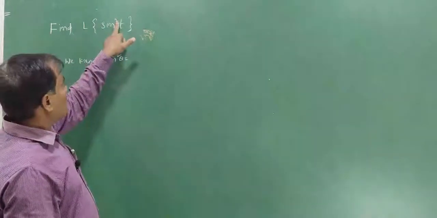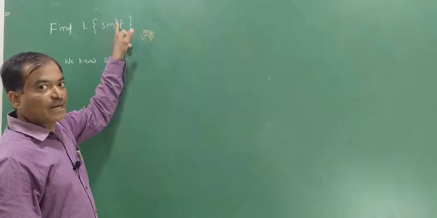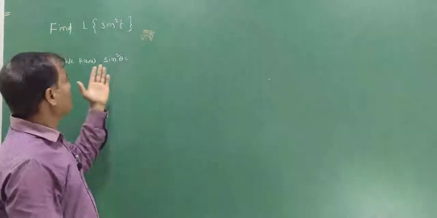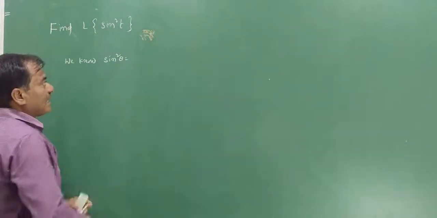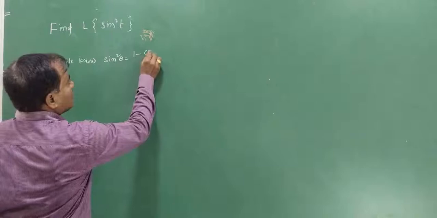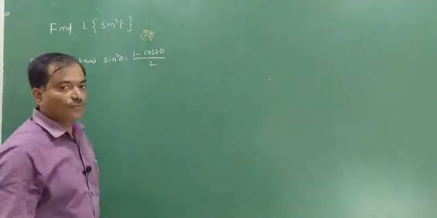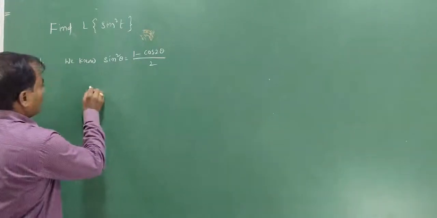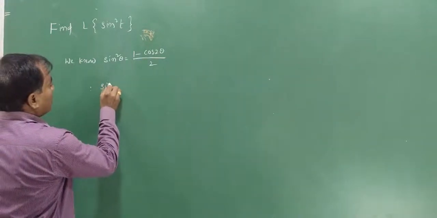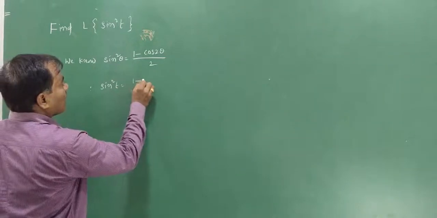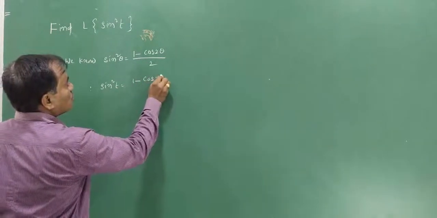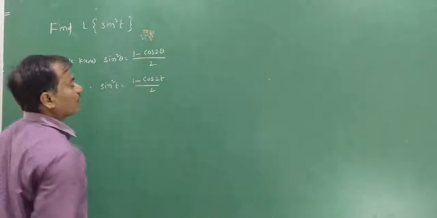So the square should be removed, the power should be 1. That's why sine square t can be written as 1 minus cos 2t by 2. Therefore, sine square t equals 1 minus cos 2t by 2.